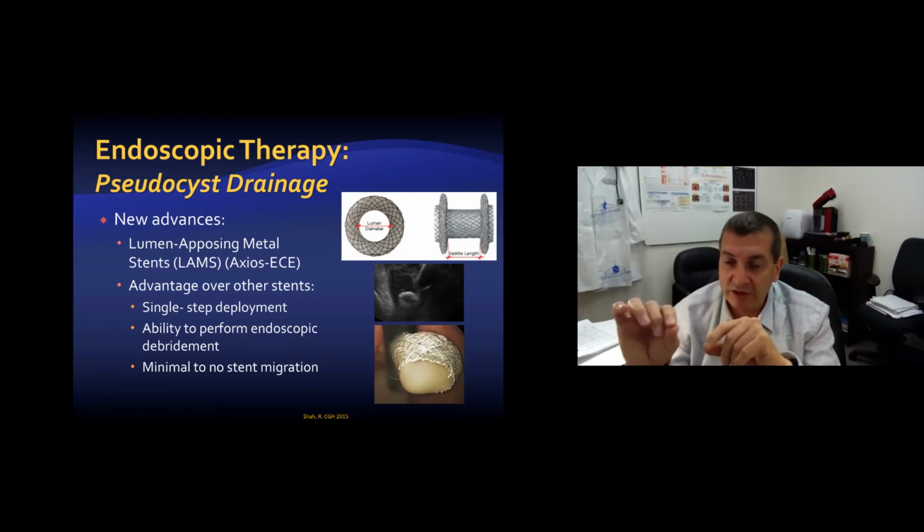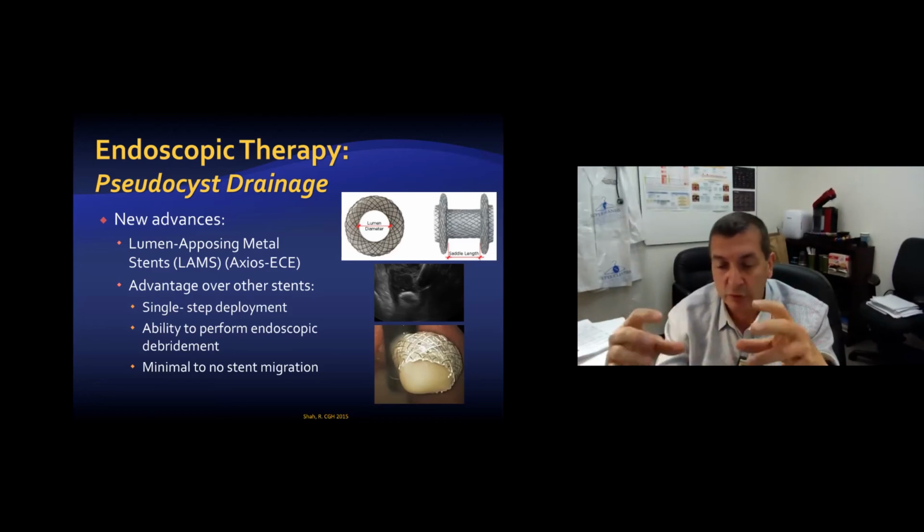So it is a very useful tool, and the other advantage, you remember I told you about 10 French stents that are next to each other. Well, the lumen is going to be limited. With those stents, they are as wide as 2 centimeters in diameter.